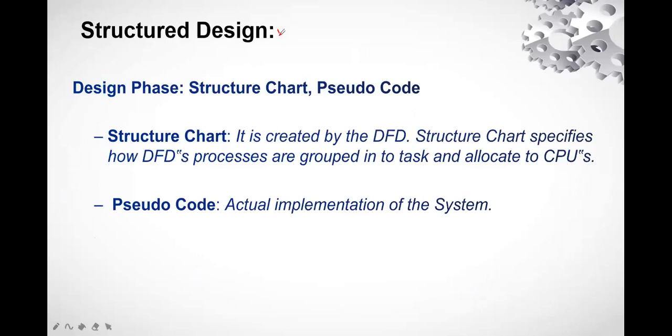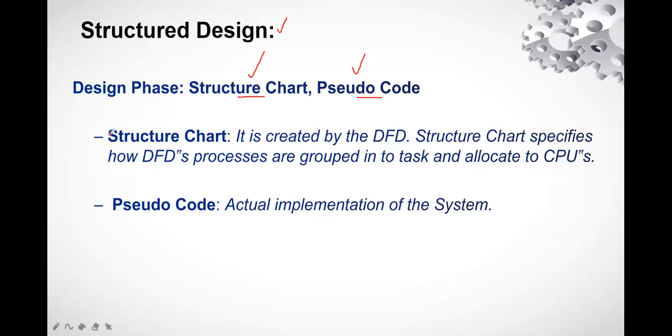The main aim of using structured analysis and structured design is that it improves quality, reduces the risk of system failure, and enhances the flexibility, maintainability, and reliability of the software we are designing. The two types of diagram we are going to work on are the structure chart and the pseudocode.